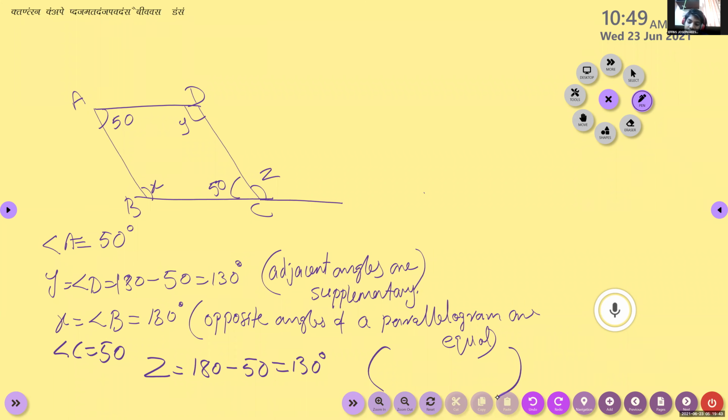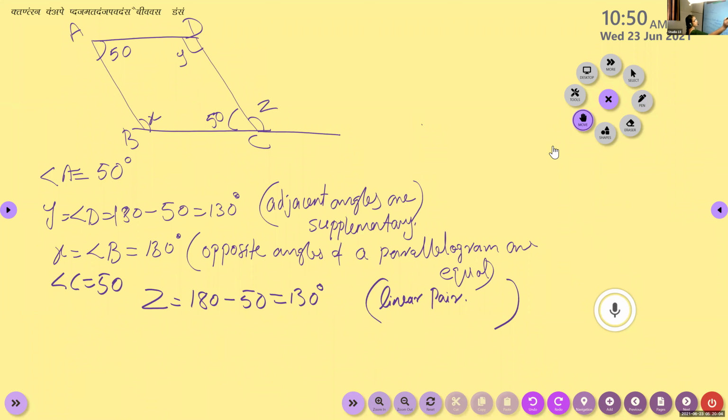Linear pair. The reason is a linear pair.